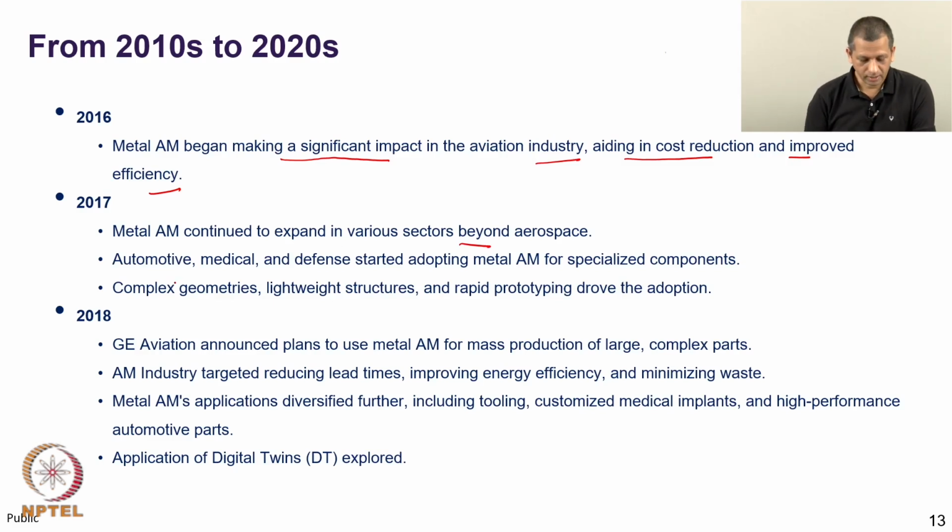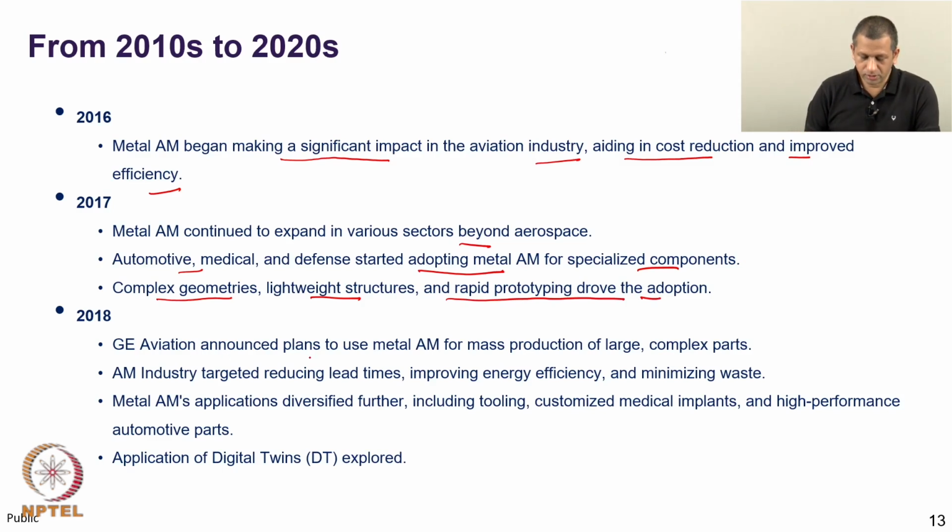Defense, medical, automotive started adopting metal AM for specialized components. More complex geometries were made, lightweight structures were created, and rapid prototyping was happening, and these all drove the adoption of additive manufacturing.